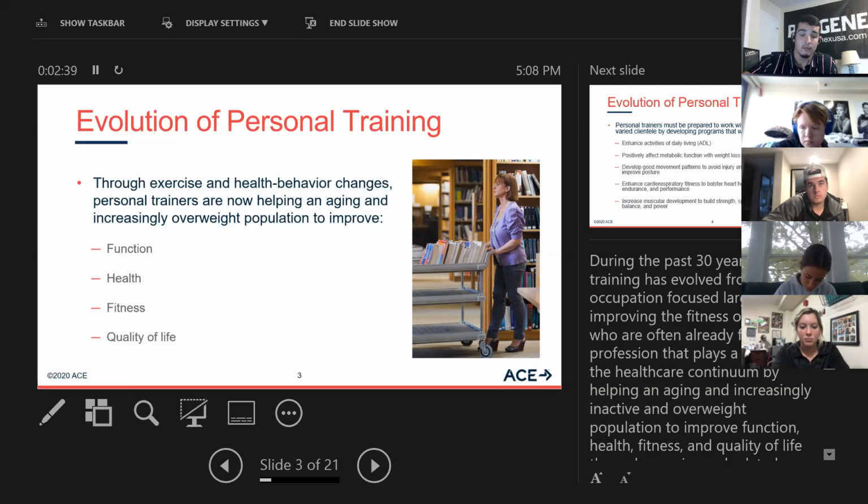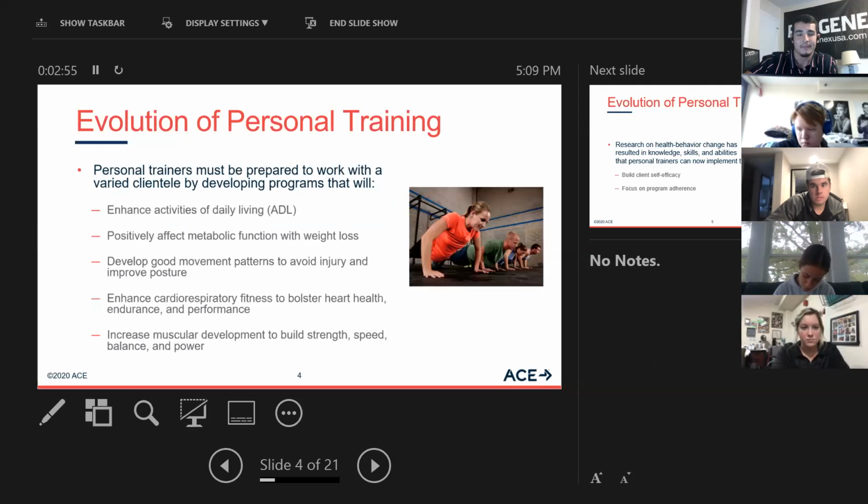Additionally, the increasingly overweight population has certainly played a huge factor. Although it is a bit of a tragedy, you can see it as job security if you're a personal trainer. So like we talked about, personal training is changing.